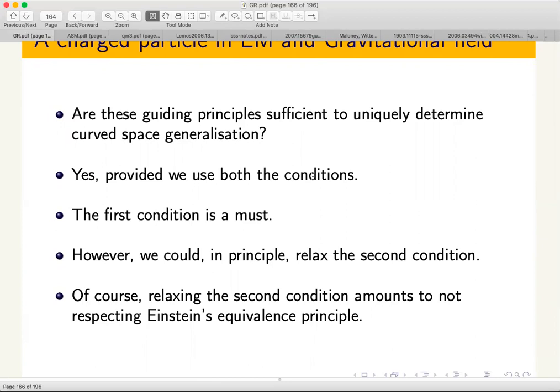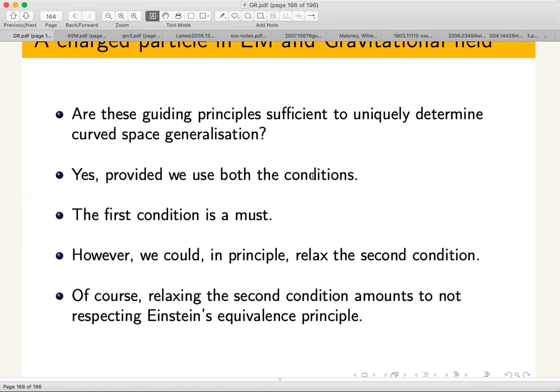Now, of course, the first condition is essential, because the first condition just says that it should be a general coordinate invariant or general coordinate covariant object, and that is essential because the entire setup for general relativity is based on invariance or covariance under general coordinate transformations of various quantities.